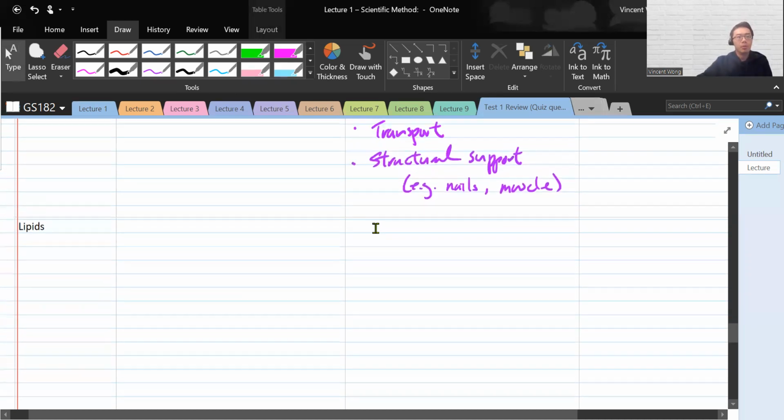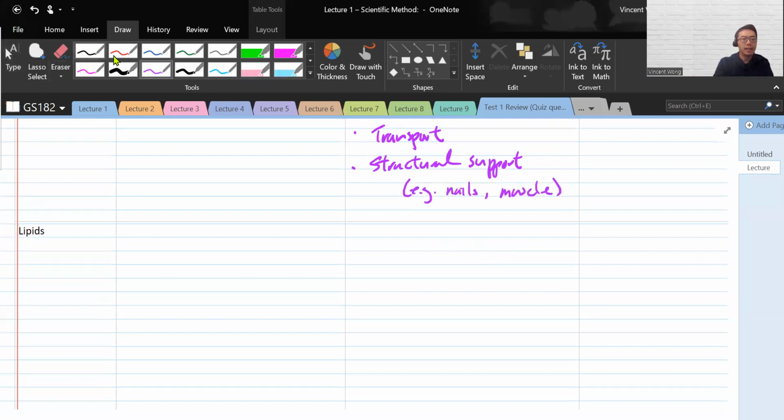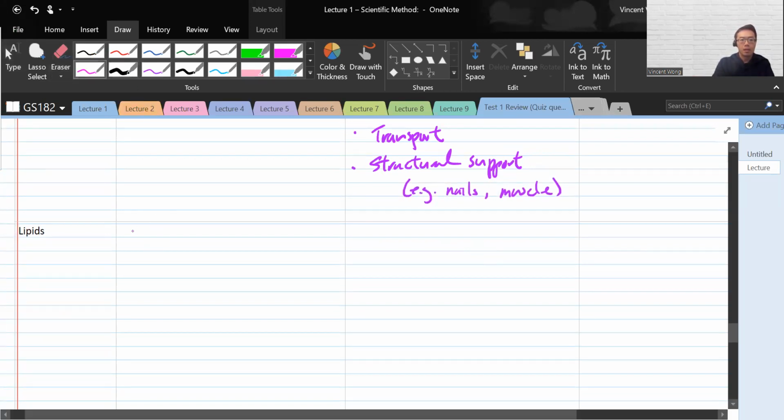Okay, lipids. Moving on. For lipids, it's not really monomers, it is just components. So we have things like glycerol. You can combine it with fatty acids, saturated or unsaturated, both are acceptable. You can have a phosphate group for things like phospholipids.